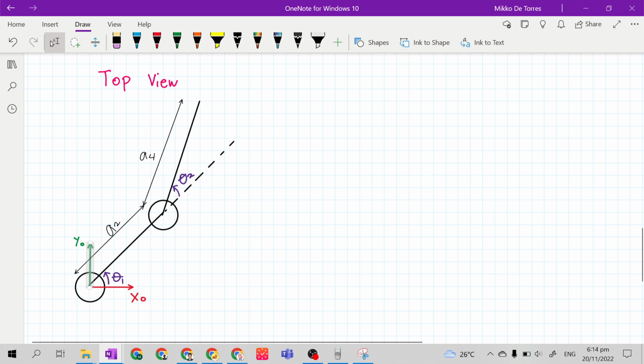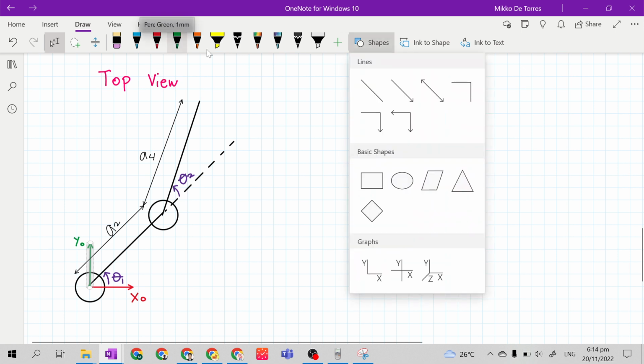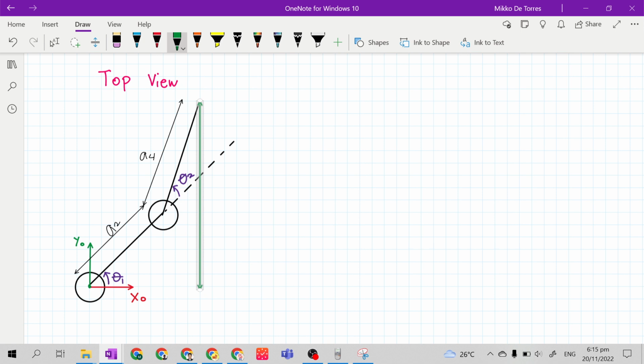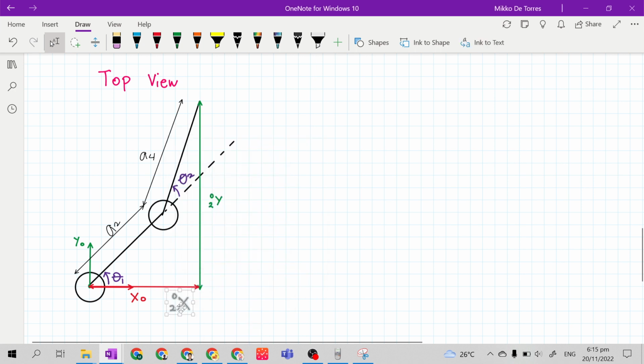The y sub 0 axis is pointing upward, so this vertical line is the y02, while this horizontal line along the x-axis is the x02.